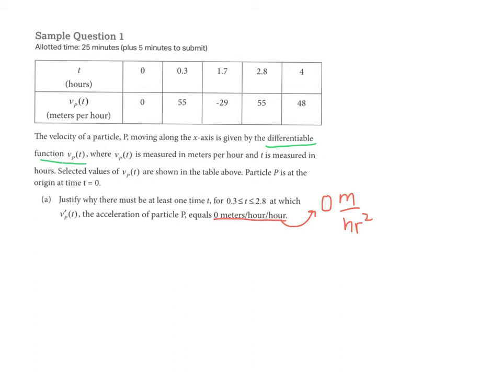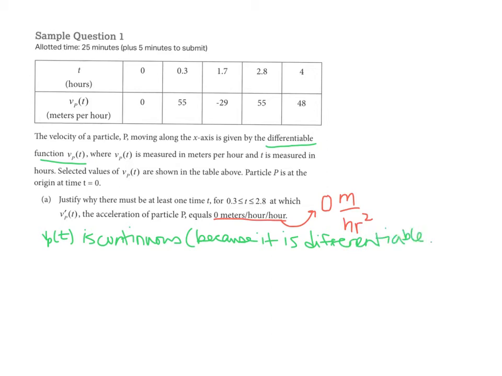So I'm going to start by saying v of t is continuous, and you can even say because it is differentiable. So that's the first thing you should always check.